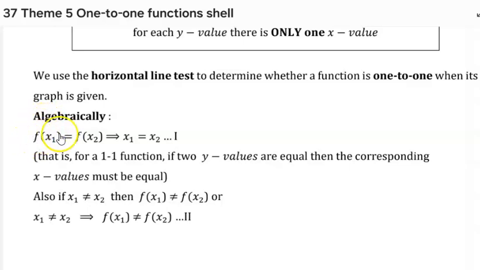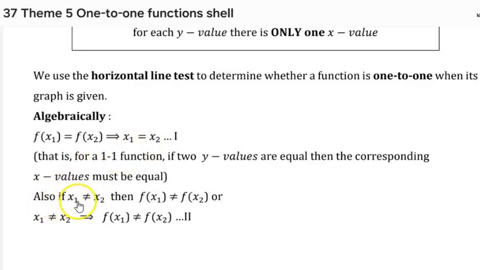Algebraically, there are two ways to write this. To know whether a function is one-to-one, we take two y values which are equal, and if that implies that the x values are also equal, then I know this is a one-to-one function.